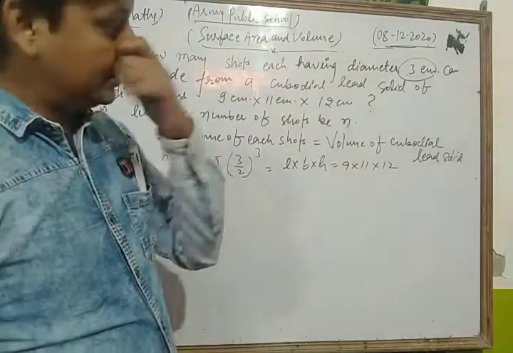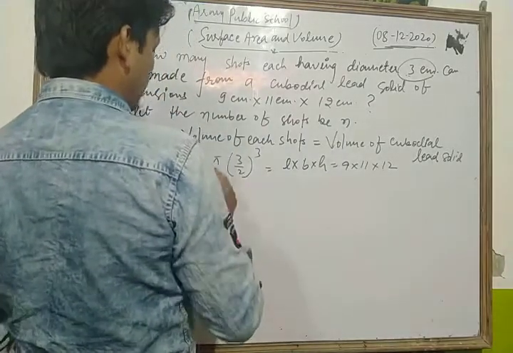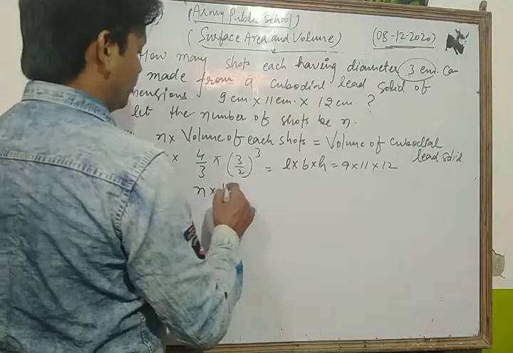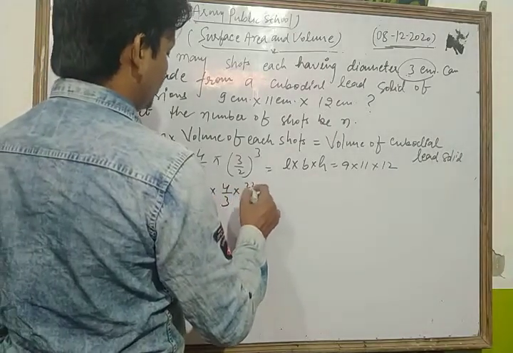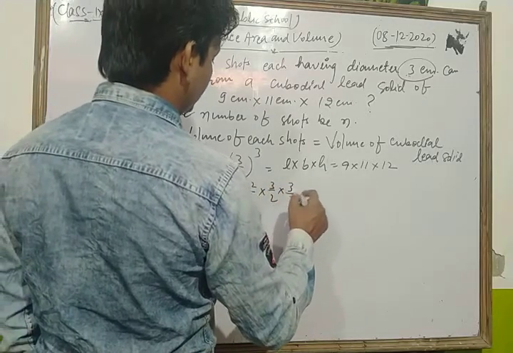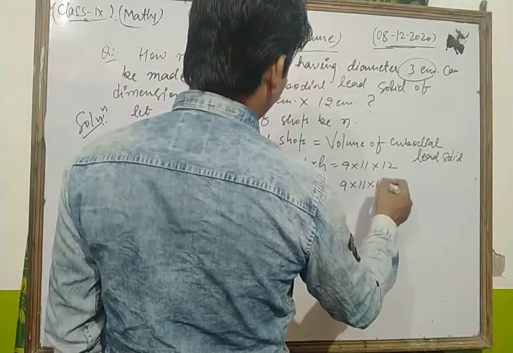Now we simplify them. The value of pi is taken as 22 upon 7. So n into 4 by 3 into 22 upon 7 into 3 by 2 into 3 by 2 into 3 by 2 is equal to 9 into 11 into 12.